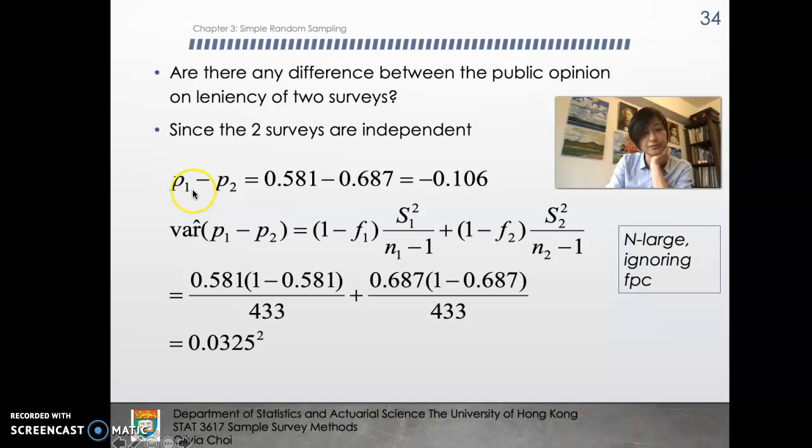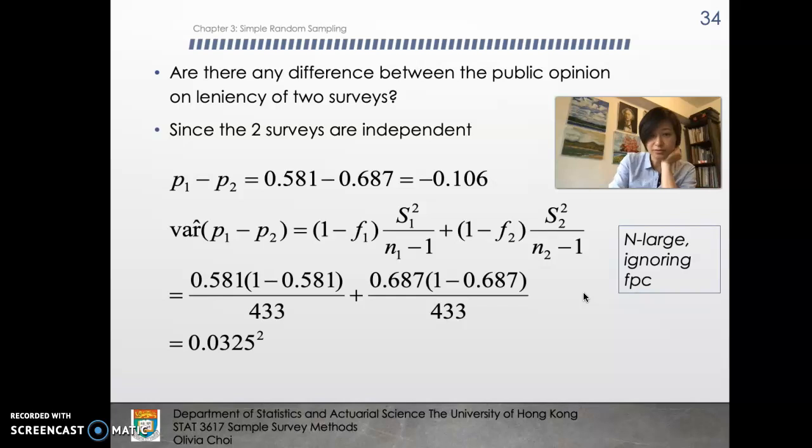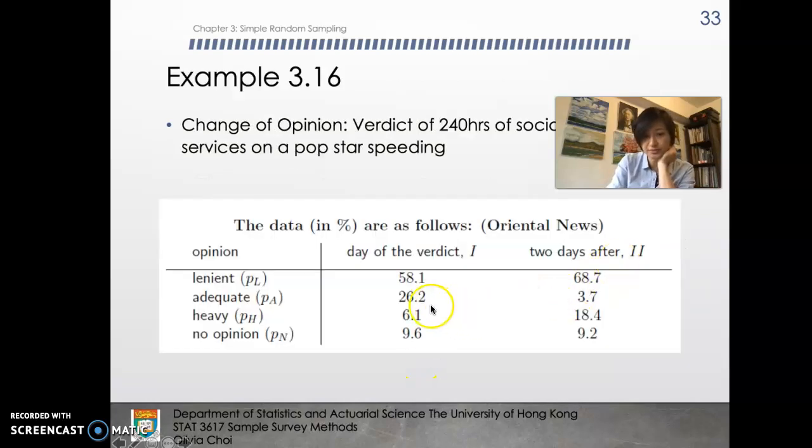So we find the variance of the difference of the two proportions. The estimated variance of the difference is 0.0325 squared. We can find the 95% confidence interval for the change of the proportions. So it is quite significantly different from 0. So we can say that quite a group of people has changed their mind after 2 days of the talking.